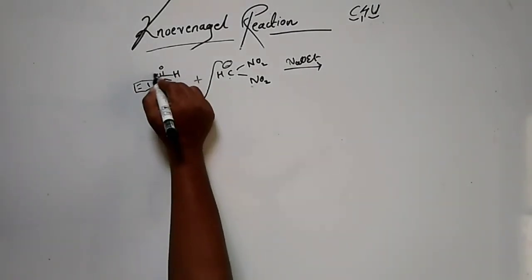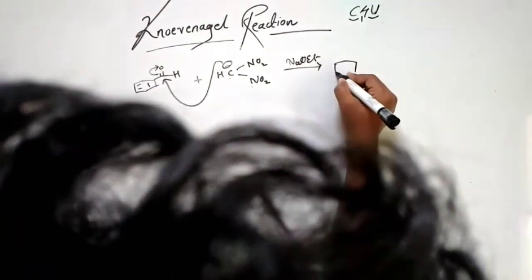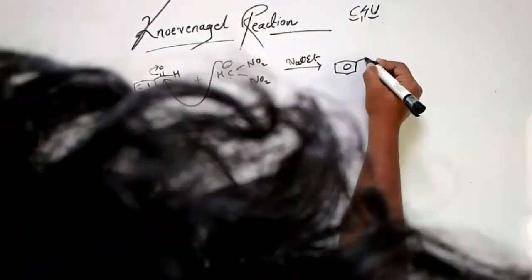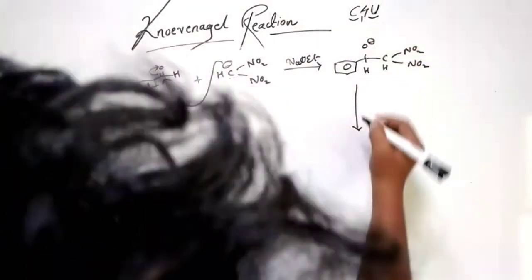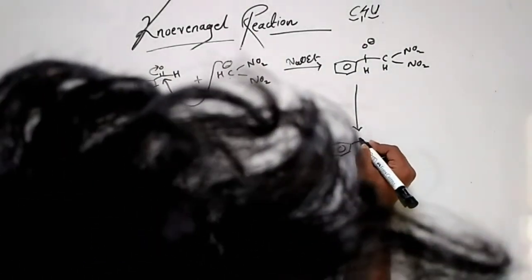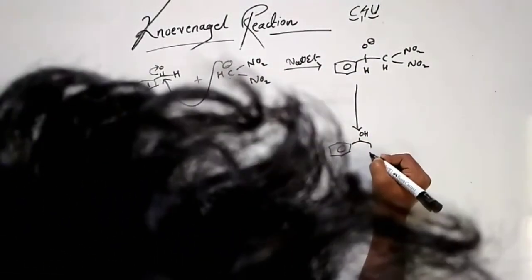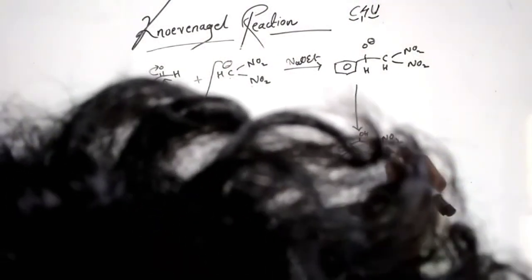So here it goes, the bond opens up, and you have a benzene ring with O minus, H, CH and two nitro groups. Now as you take H plus, you get OH, CH and two NO2 groups.